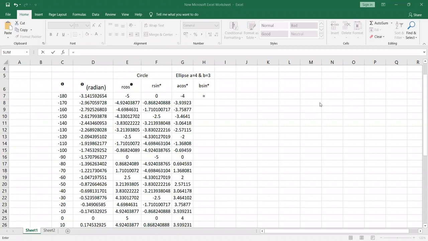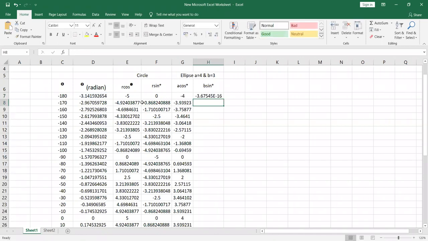Good. So 3 into sine. Then double click on this sine and in the bracket choose the value that is in radian, close the bracket and enter.